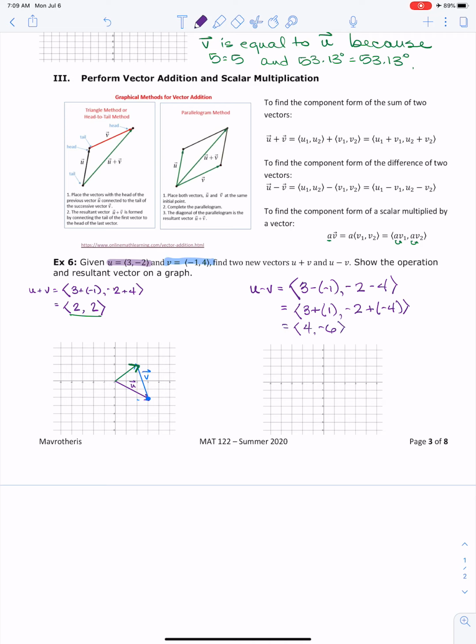Okay, so here's how I'm going to do this. I'm thinking of this as u minus v as u plus -v, which means my v is just going the opposite way. So my u again, 1, 2, 3, -2.